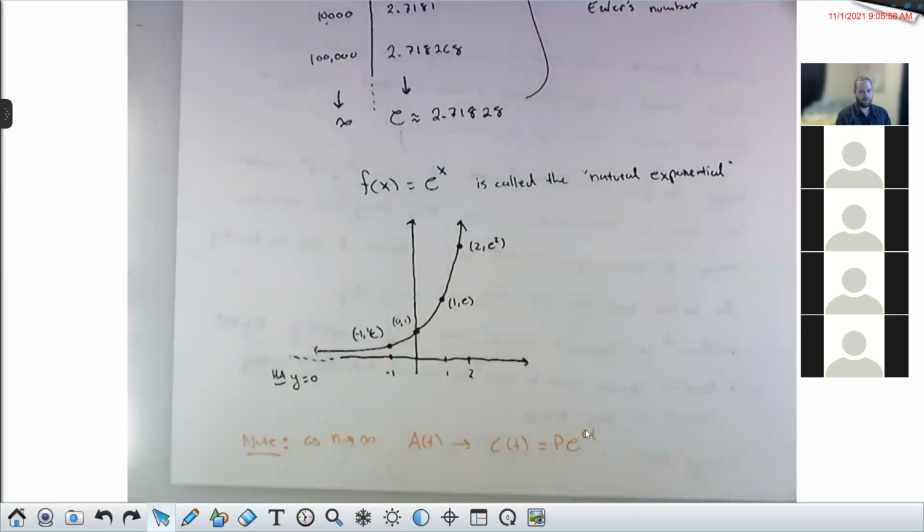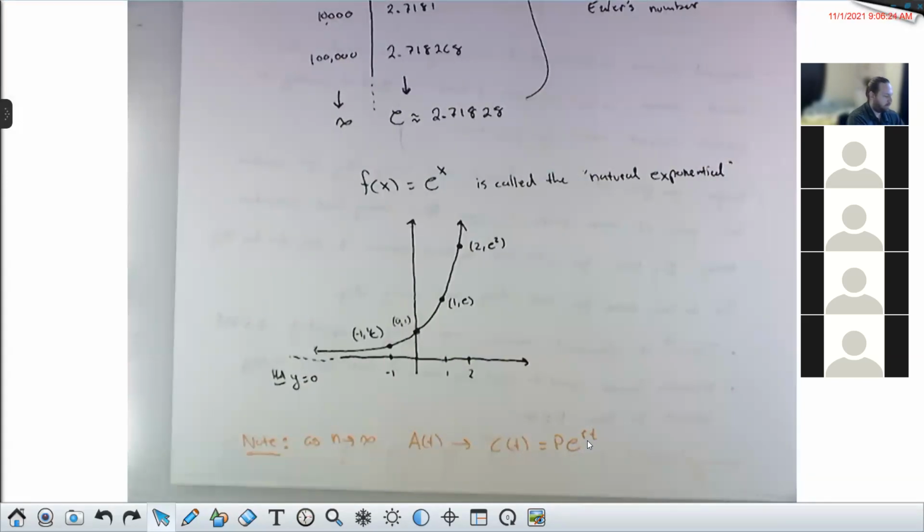The fact that t is in the exponent here, that's not weird. You've got P times 1 plus r over n, all to the nt. And you know that the 1 plus 1 over n to the n stuff all goes to e. So it should be like e to the t. The fact that an r shows up right here, that the r from r over n makes it into the exponent, that's kind of interesting. And that's the part that I really can't prove to you without using some calculus.